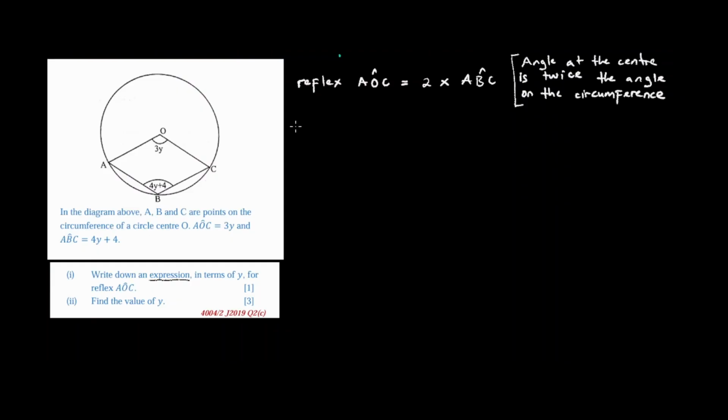Saka panapa tinge takuti reflex, this is part 1, AOC is equal to 2 multiplying, because ABC is an expression, remember to use brackets. Saka 2 multiplying 4y plus 4. Correct answer inomakwa ndi 2 times 4y, removing brackets, 8y, then 2 times 4 plus 8.